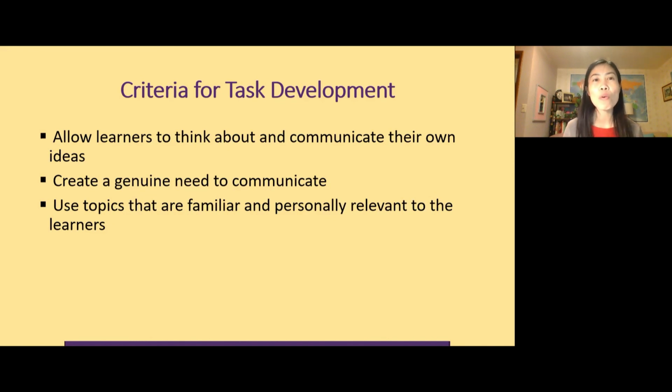Another way that helps you to meet these criteria is to allow the students to develop the tasks themselves, or the task materials themselves.